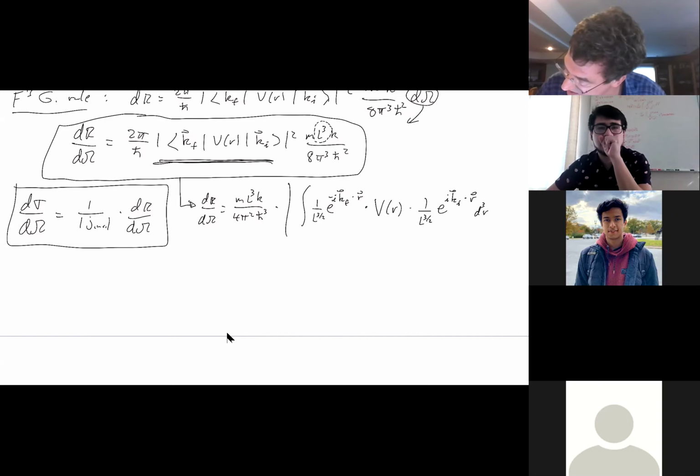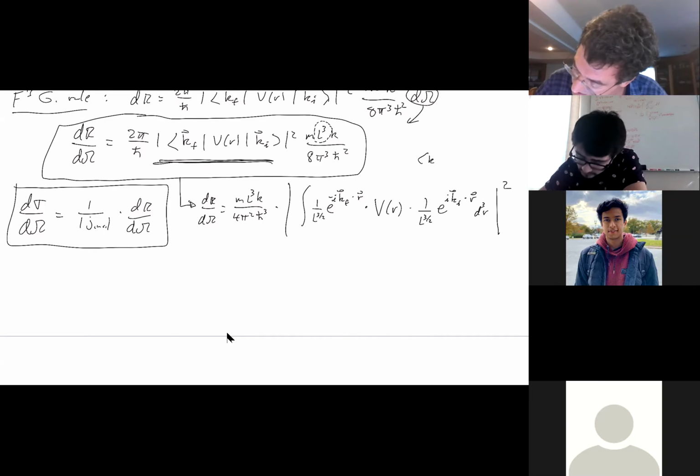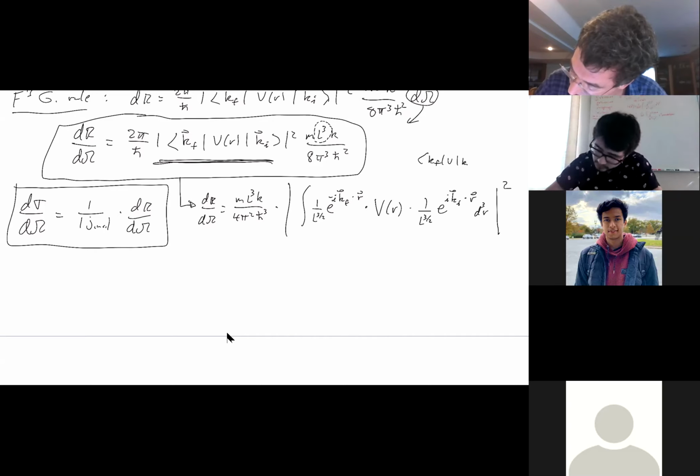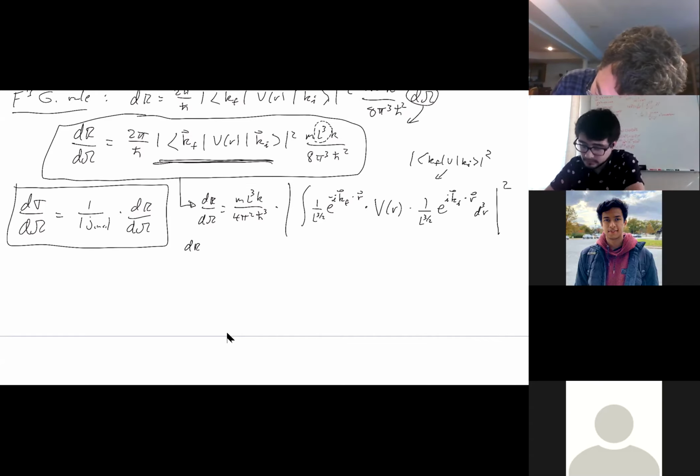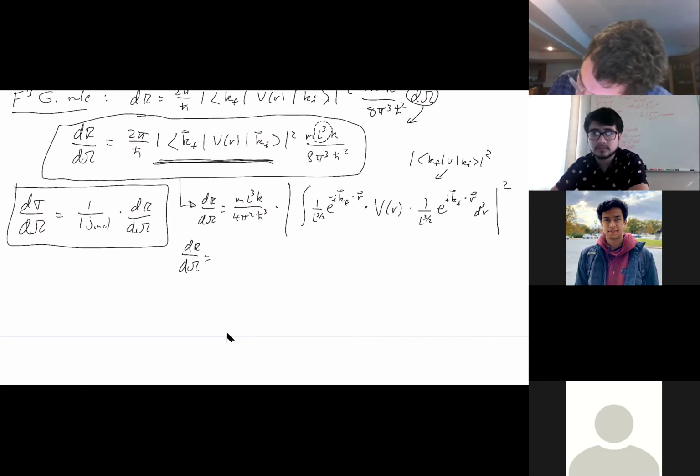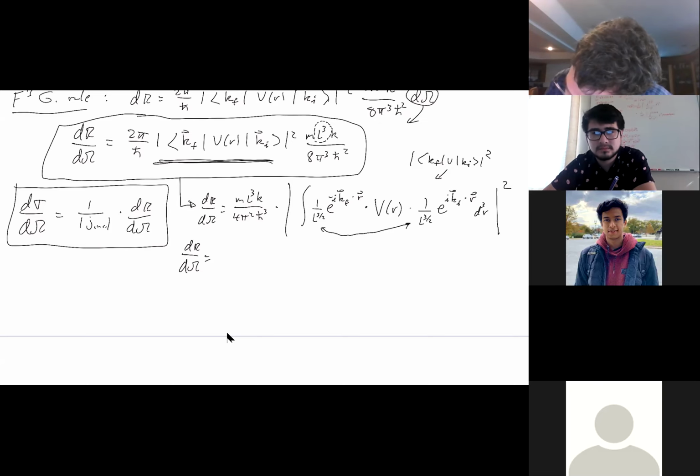And this whole thing is squared. That's the matrix element squared, k final V k initial squared, that whole mess. Now I want you to see this dR d omega, how this guy hits this guy, and I get 1 over L cubed, right?